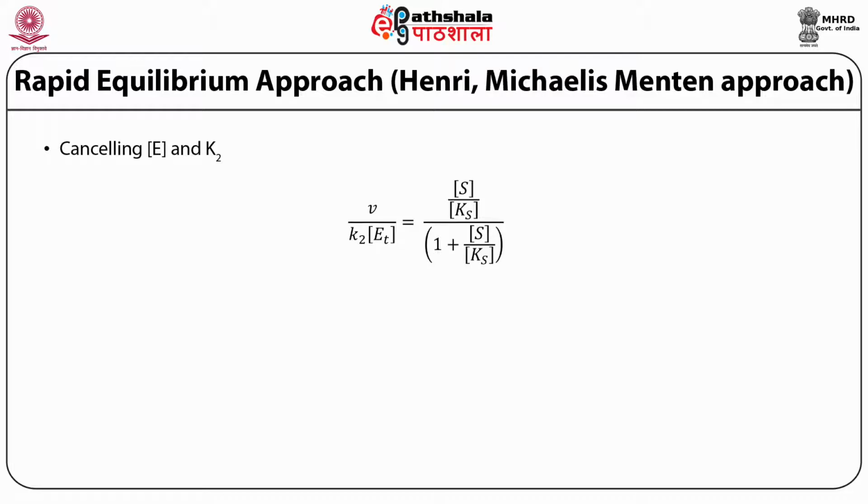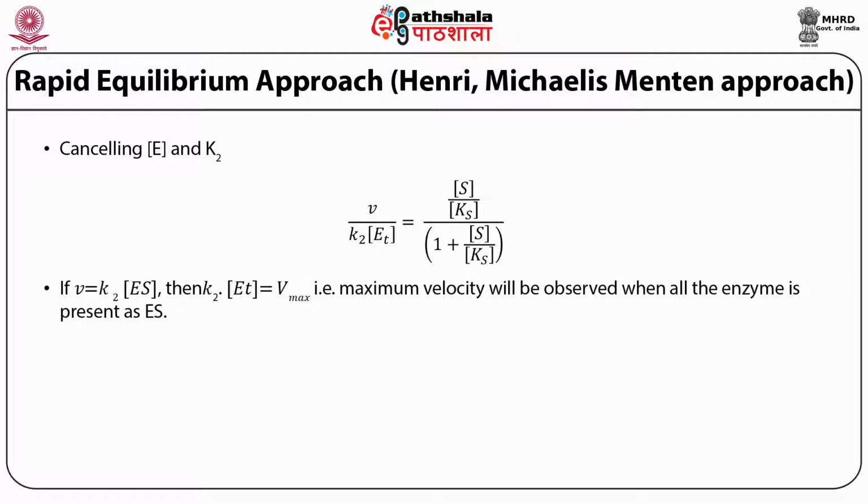We know that V0 is equal to K2 into ES complex concentration, and K2 into ET is the Vmax, because initial velocity is dependent on the concentration of ES complex. If all the free enzyme is converted into the ES complex, then you will reach the maximum velocity.